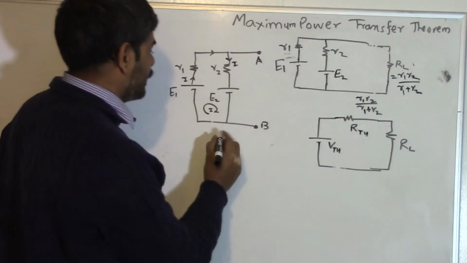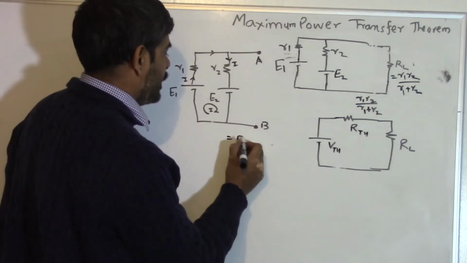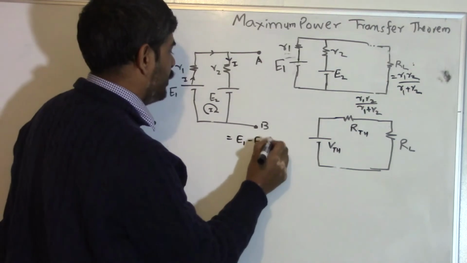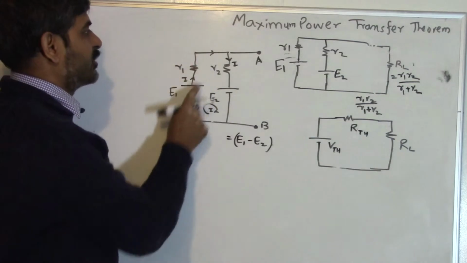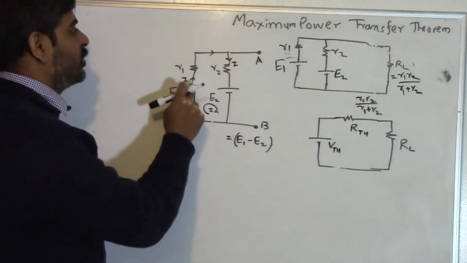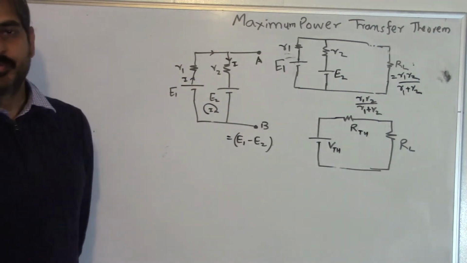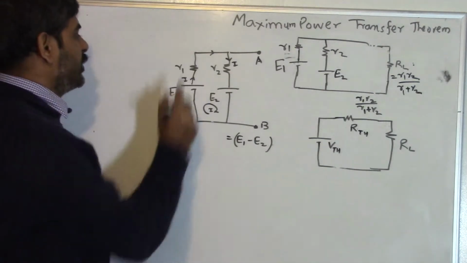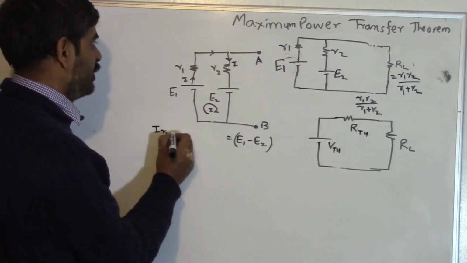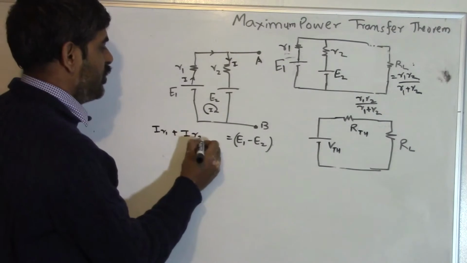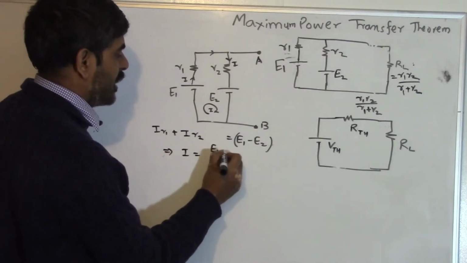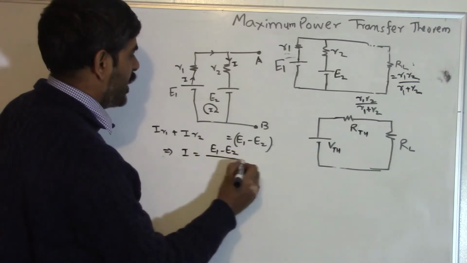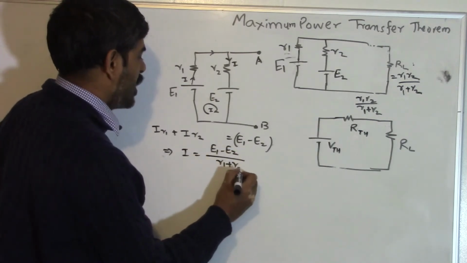The difference E1 minus E2 is delivering this current, which will be equal to the IR drops in these resistors, I times R1 plus I times R2, which gives I as E1 minus E2 divided by R1 plus R2.